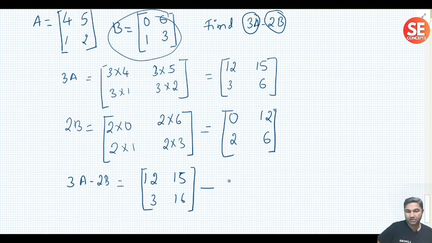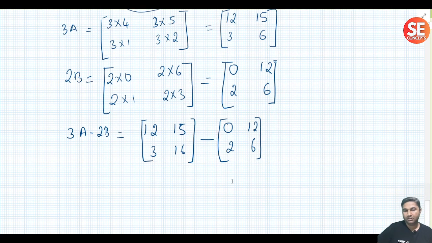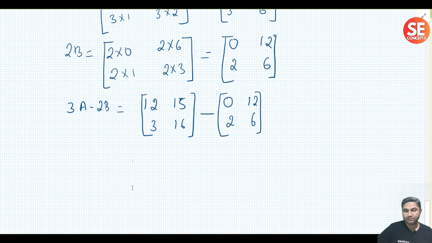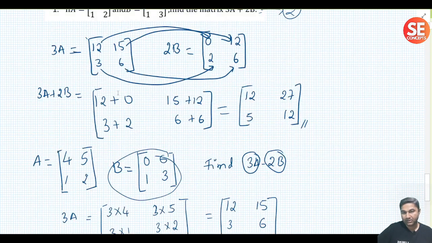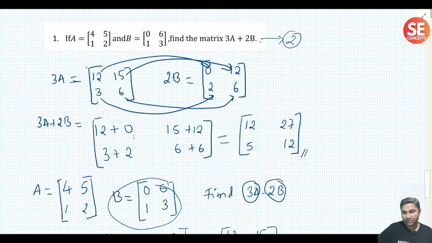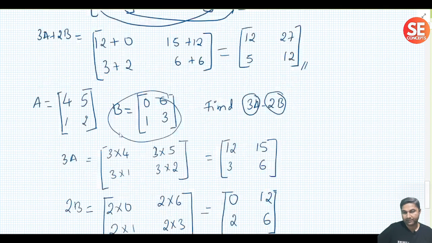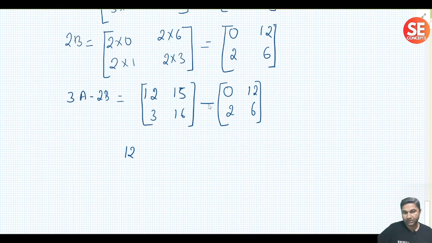Now I will write 0, 12, 2, 6. Earlier, for addition, I put a plus sign; now instead of plus I am putting a minus sign. 12 minus 0, 15 minus 12, 3 minus 2, 6 minus 6.